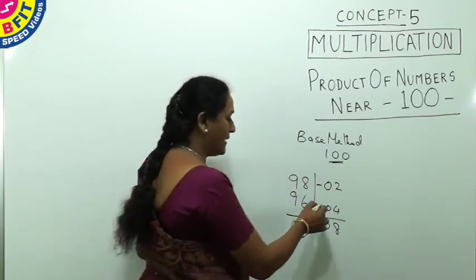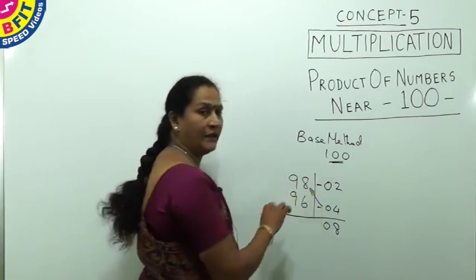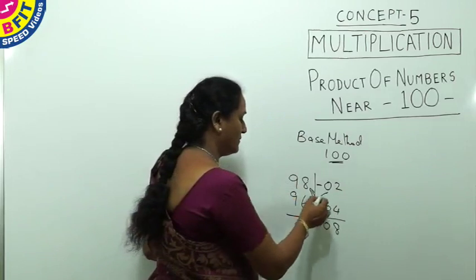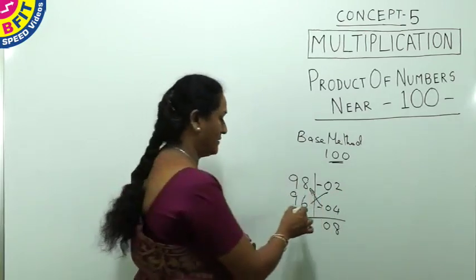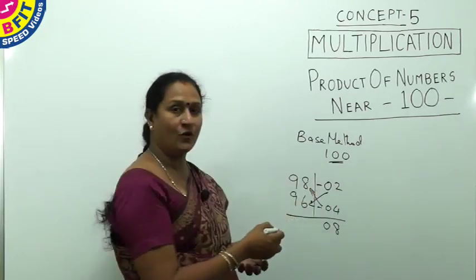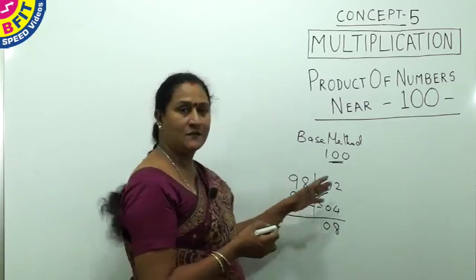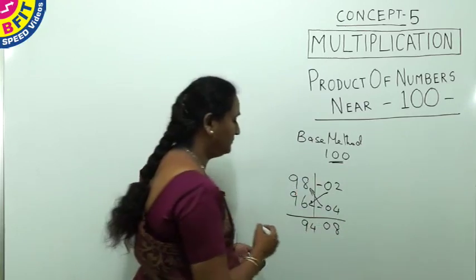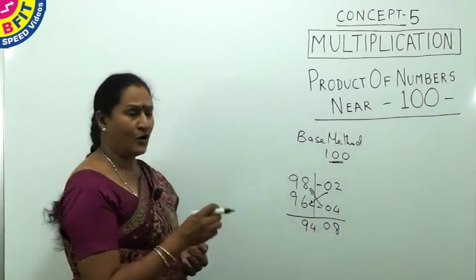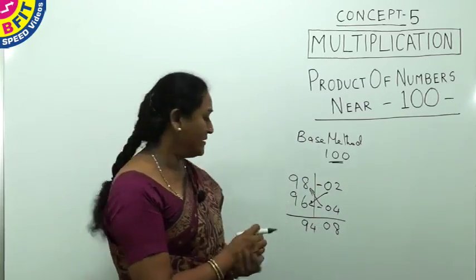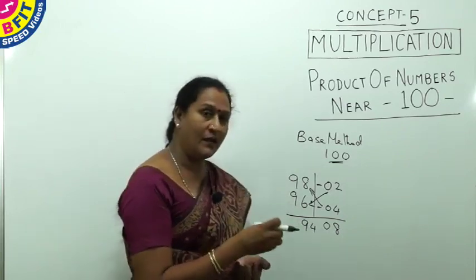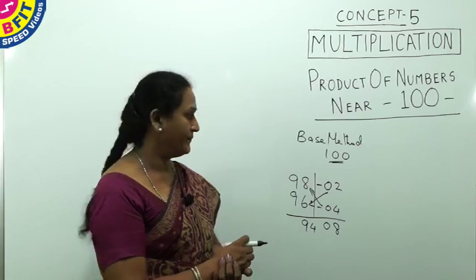Now subtract 4 from 98 or subtract 2 from 96. Both will give you the same answer. 98 minus 4 is 94, or 96 minus 2 is 94. So the product of 98 and 96 is 9408.